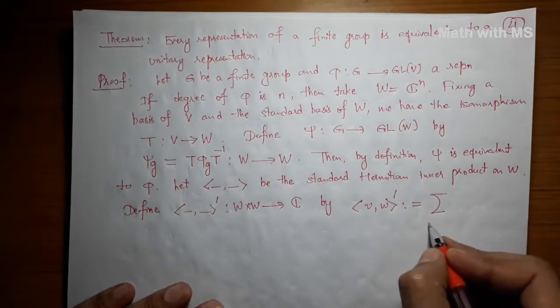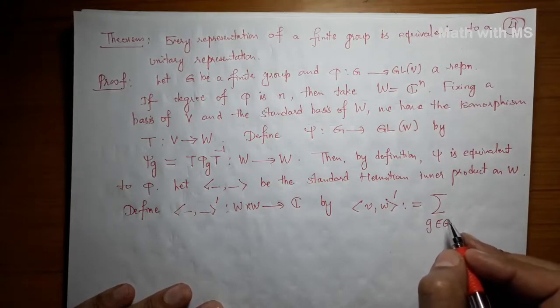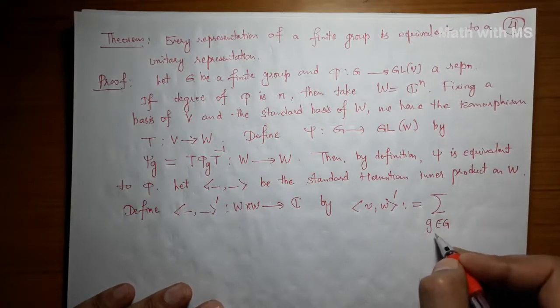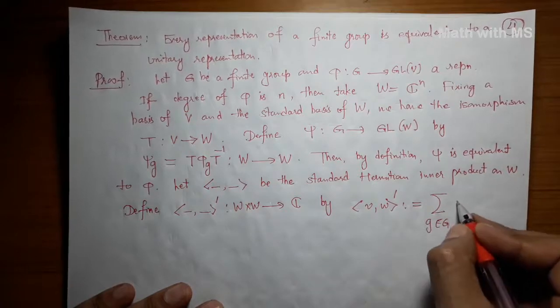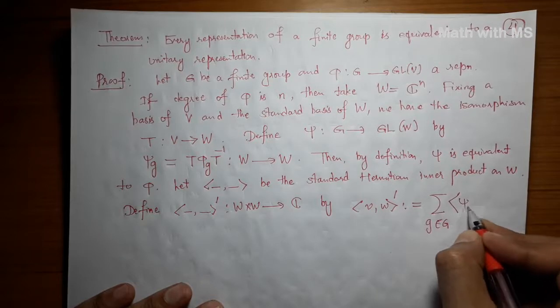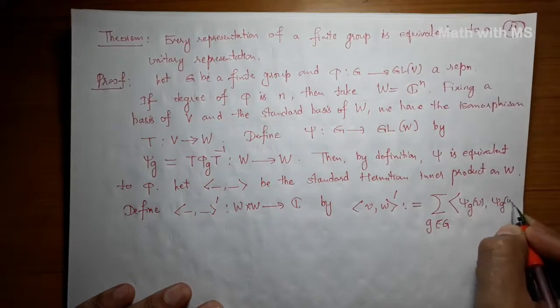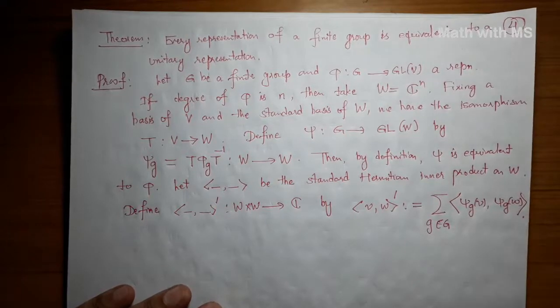Take the sum over the group elements and define it to be ⟨ψ_g(v), ψ_g(w)⟩.